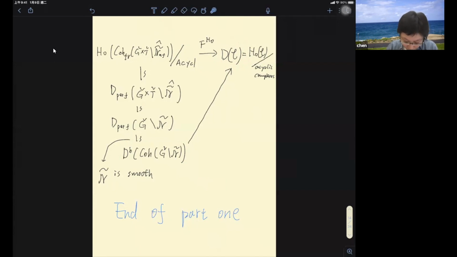Later we'll apply a similar construction to the case of a Stamber variety. From this discussion, you can construct a functor from the perfect direct category of Stamber to the target category.